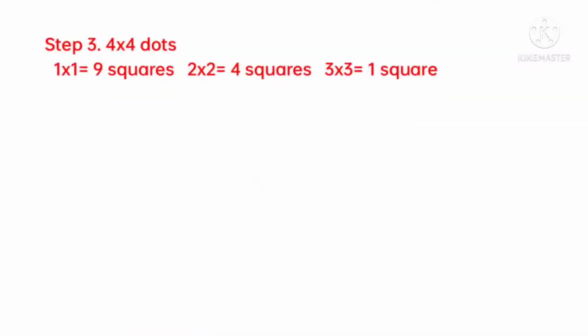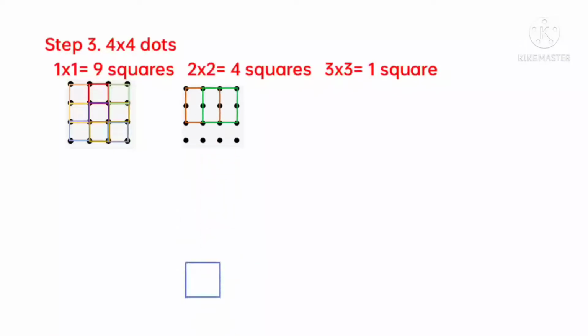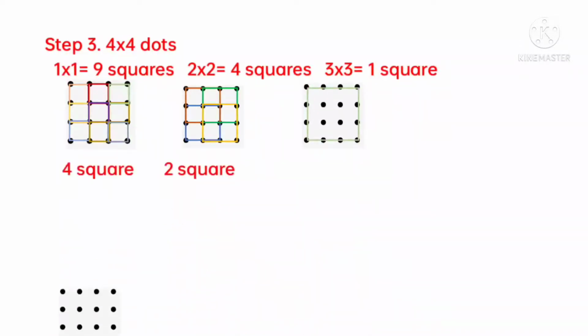So, may mabubuo tayo dito na size. Yung 1 by 1 is 9, 2 by 2 is 4, 3 by 3 is 1. So, eto siya. Another, yung hindi pa natin alam na size ng square, may apat tayo. Tapos, yung another size na hindi pa natin alam, may 2 squares.